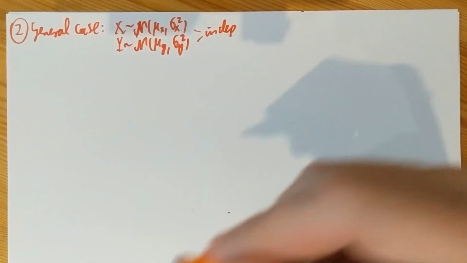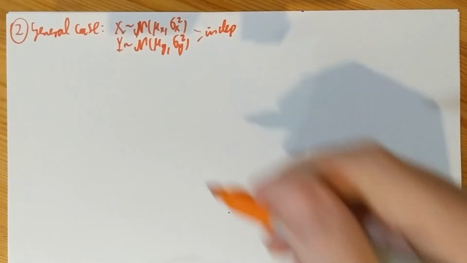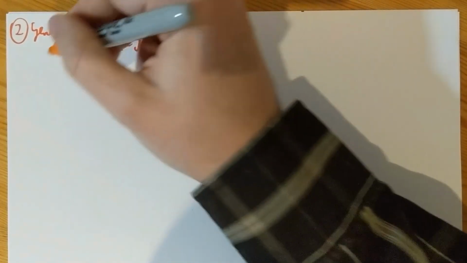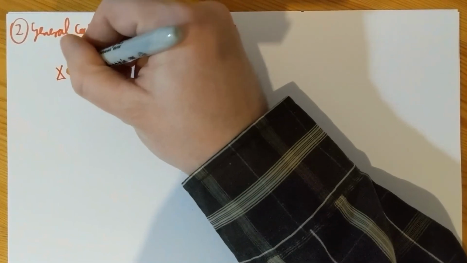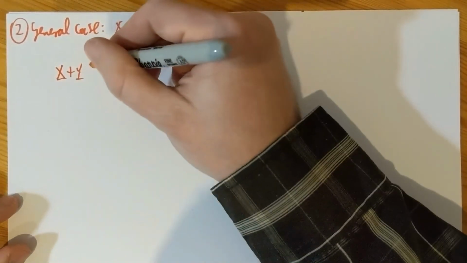Instead of redoing the whole calculation, I'm going to recall that an affine transform of a normal is going to be a normal again, and you just need to change the means and the variances. In fact, I only need to subtract means. So let's start looking at the sum of these two, which I want to have the distribution for.